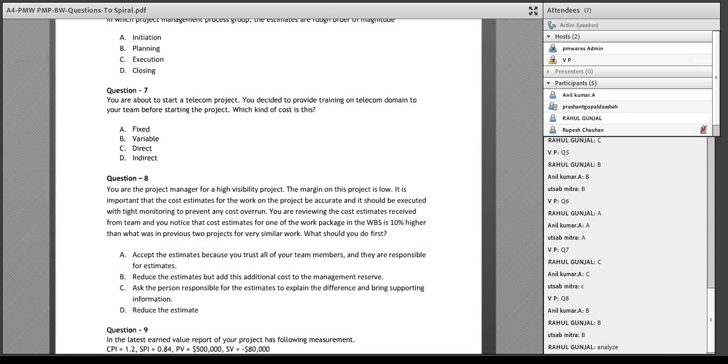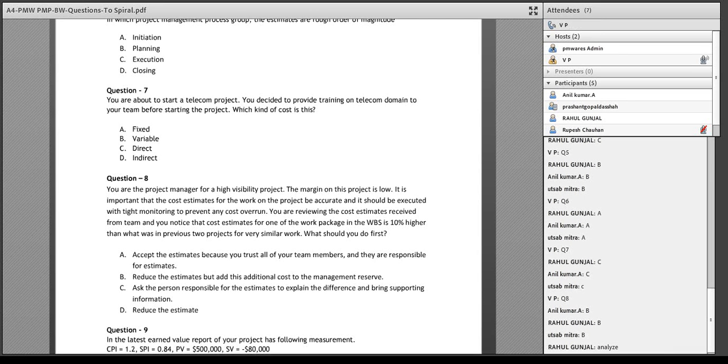What was the previous step to analyze? What do you analyze? You have to collect information, right? Get more information about it, and then analyze. Then prepare an action plan. And then inform the stakeholder if it is required. And then take the action.